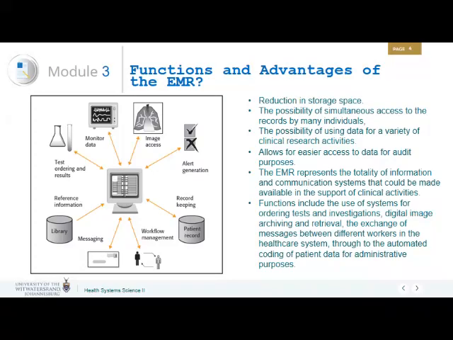Through very carefully crafted algorithms, the system can predict what needs to happen with a patient at different points in time. This can help people to manage their work around that patient. We also see that the system can be used for messaging, sending messages not only to patients but also to and between different healthcare professionals.